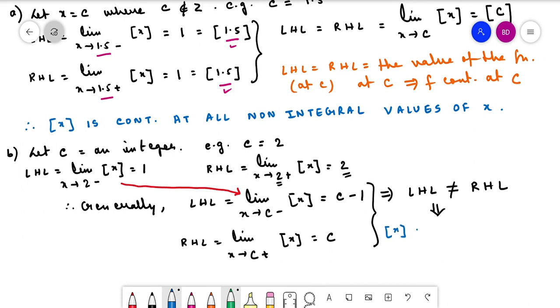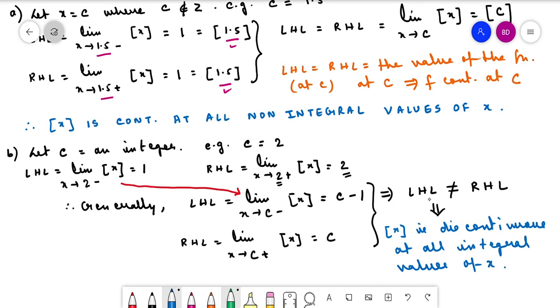So the conclusion here is that box x is discontinuous at all integral values of x.